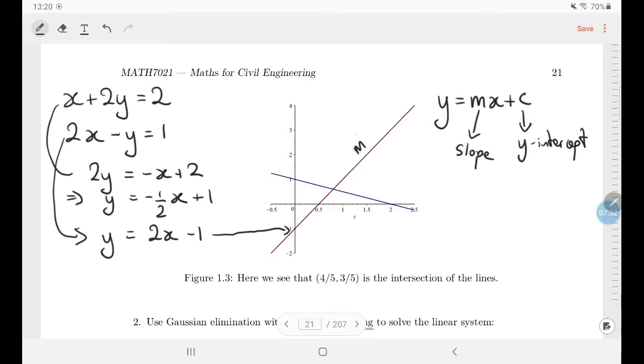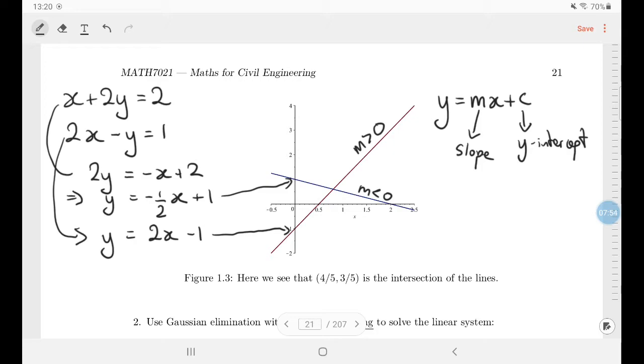Now the slope is 2, but I'm just going to say it's positive. And the other one cuts at 1, and the slope is minus a half, which is negative. You can see that they have a unique solution. In fact, if one of the slopes is positive and one is negative, they'll have to have a unique solution.